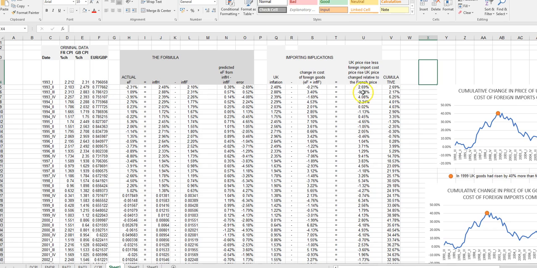So it changed by 2.69, but then in the following year it went down by minus 0.52%.